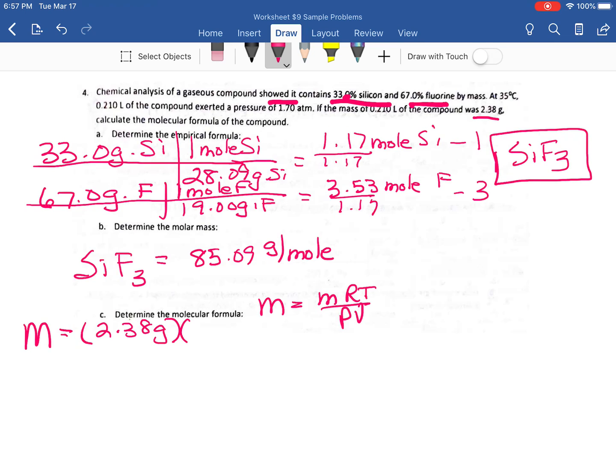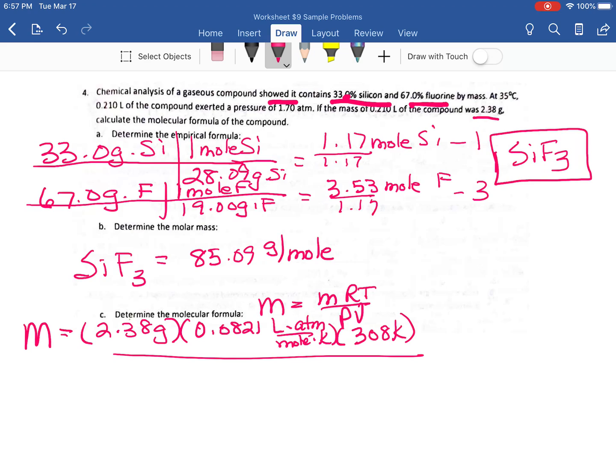R, I'm going to look at my pressure. My pressure is in atmospheres, so I'm going to use the 0.0821 liter atmosphere per mole Kelvin. My temperature is 35 degrees, but I will convert that to Kelvin. So I will get 308 Kelvin. Then I have PV on the bottom. My pressure in the problem is 1.70 atmospheres.